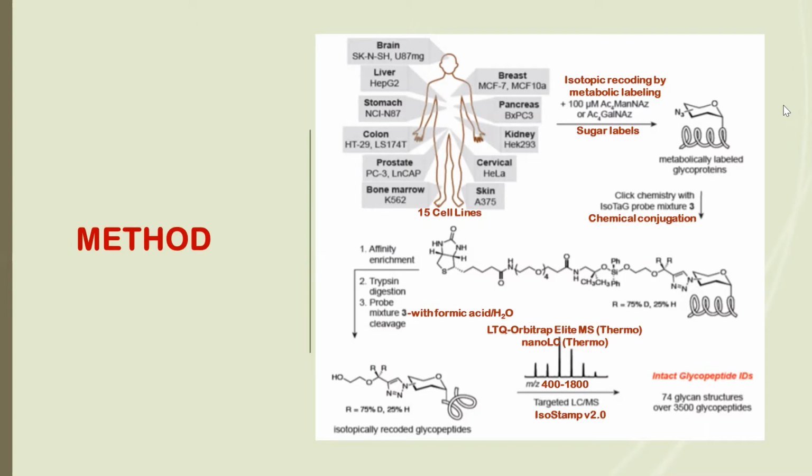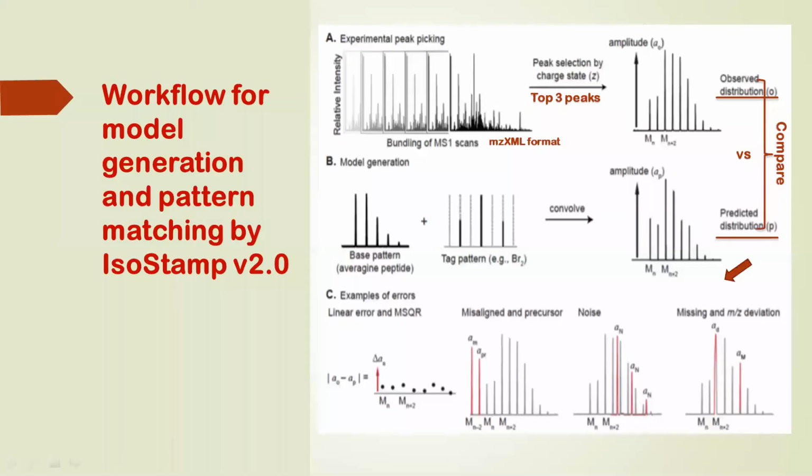A survey of 15 human cell lines was performed to demonstrate the broad applicability of IsoTAG and revealed 74 glycan structures over 3,500 intact glycopeptides.